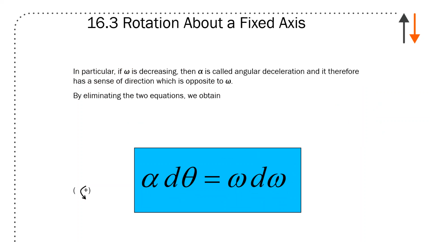If you have rotation about a fixed axis, you can also write alpha equals omega d omega d theta, which should remind you of this expression right here, which you've already derived, and we do our usual game of splitting terms up, and we end up with this relationship alpha d theta equals omega d omega.